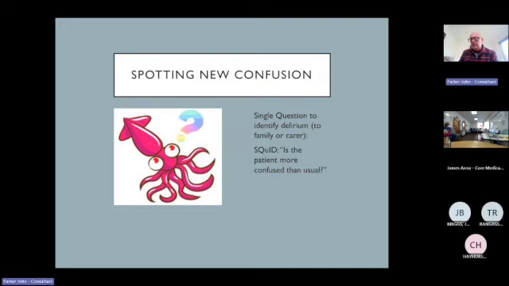This is particularly important, I think, for those patients that come in with a degree of chronic cognitive dysfunction. We want to know if that is more or less than usual. So that helps, I suppose, to a degree of reducing the problems we might have with new confusion being inaccurately measured within News 2.